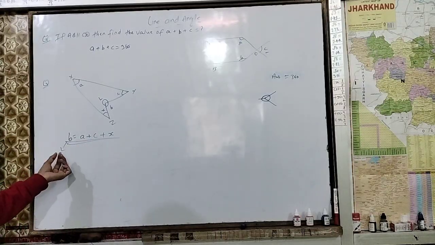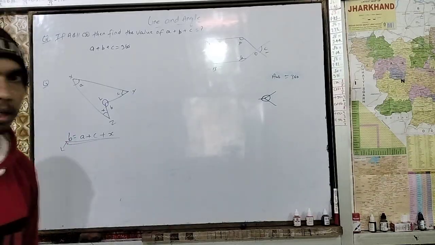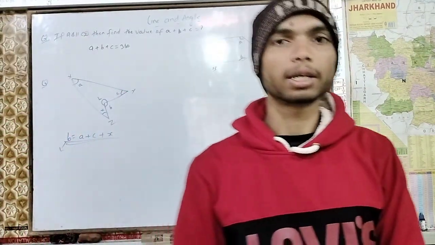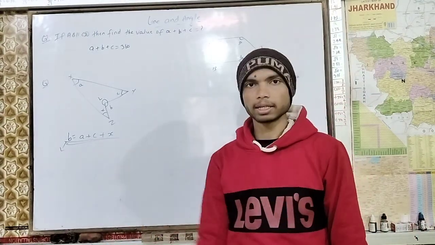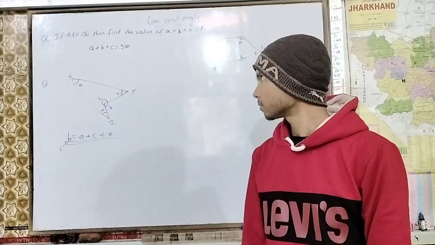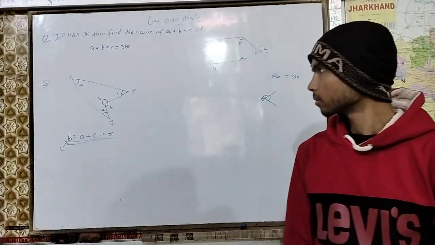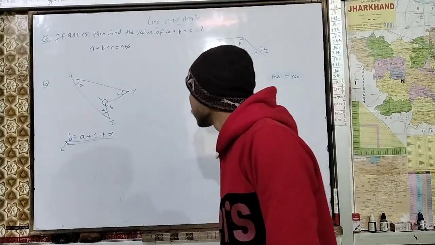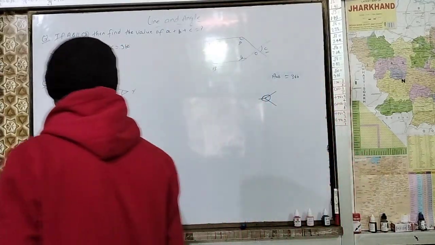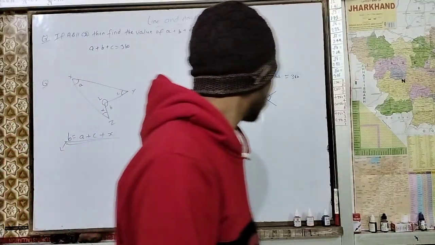That's why B can be equal to A plus C plus X, because B is exterior and all these three angles are interior. Interior. Okay.